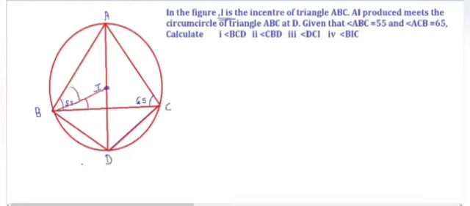So if this is 55, half of 55 is 27.5. So this is going to be 27.5 and this is going to be 27.5. I is the incenter, so it will divide angle C also into two equal parts if we join this. So this will be half of 65, that is 32.5, and this will also be 32.5.